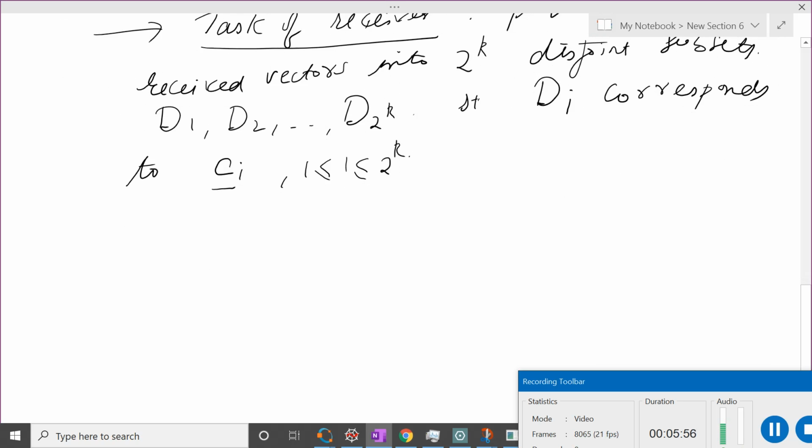So what is the task? Suppose this is the R, and there are several possible R's depending upon the length.